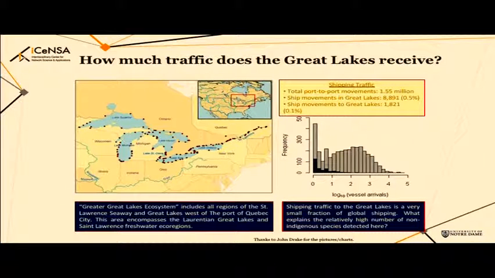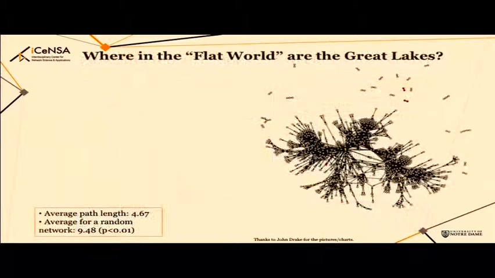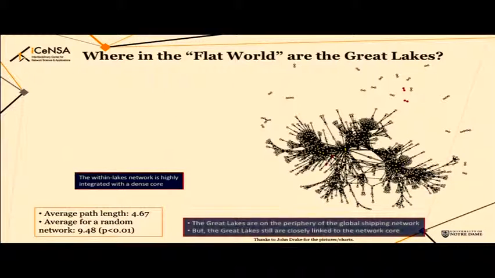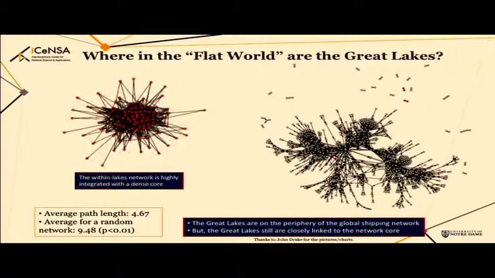So you would say, all right, this is at the periphery. How is it connected? How does it impact anything in the Great Lakes? Why are we thinking about the global shipping network traffic for the Great Lakes? Let's look at it as a network. The average path length, essentially what we are trying to show, is that within about 3 to 4 degrees of connection, the Great Lakes are connected to every other port in the world.